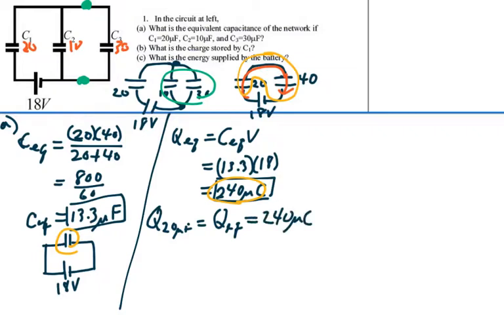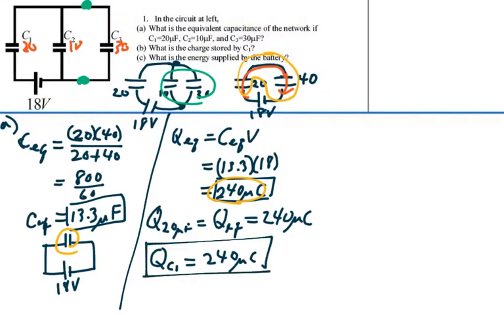And that is C1, so that is the charge on C1. So the charge on C1 is 240 microcoulombs. I guess I could call that just Q1. Let's do that. Q1 is 240 microcoulombs. Oops.